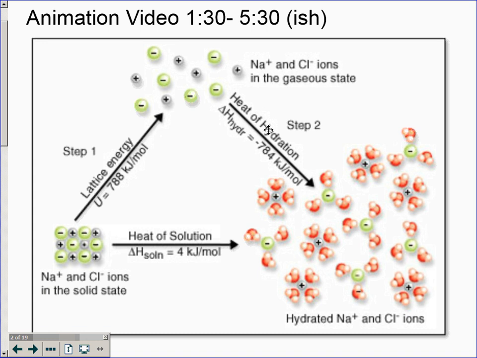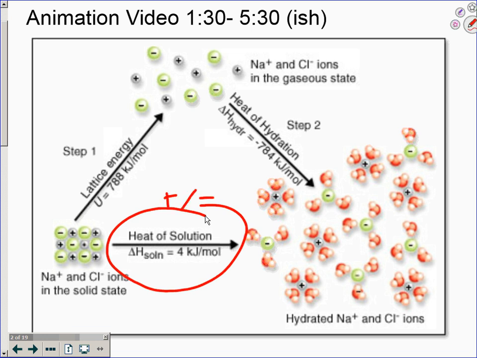Second step is breaking apart the waters, which is not really represented here, but we're pulling IMFs apart, which requires energy. And then the hydration step is technically the third step, and that's us pulling the ions and water together, which releases energy always. So it's going to be our exo process, which you can see here is exo. But what we're going to figure out is the heat of solution, which is a combination of all those, and we're going to decide based on the quantities of these things if it's positive or negative.